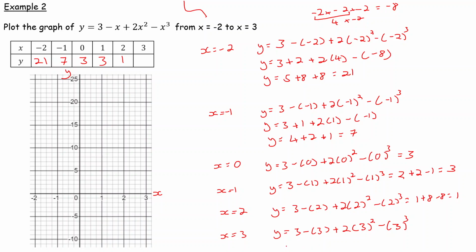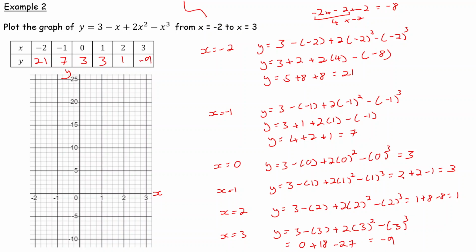So that's going to be equal to, well, 3 take away 3 is 0. 3 squared is 9, times 2 is positive 18, so plus 18. 3 cubed is positive 27, but it's take away 27, so take away 27. 18 take away 27 is equal to negative 9. I think, yes it is. Negative 9. Good, so that is my answer for this one.